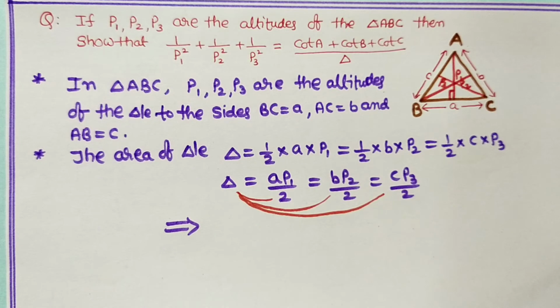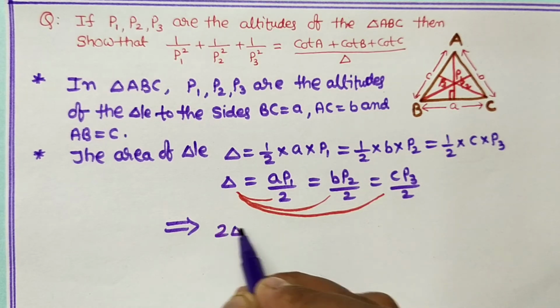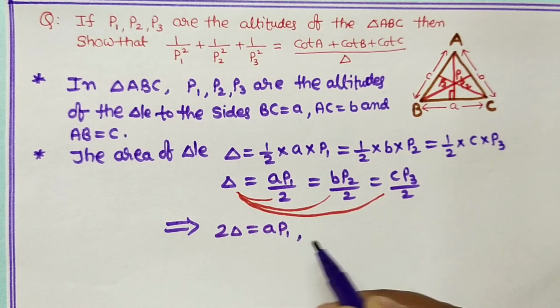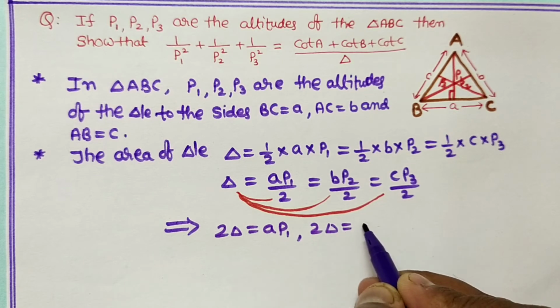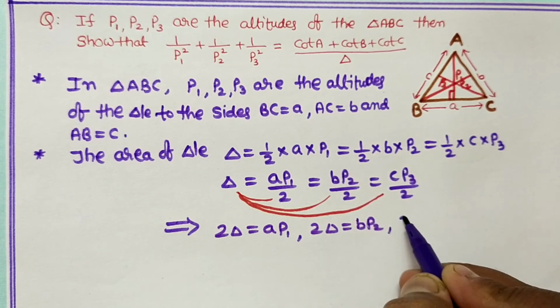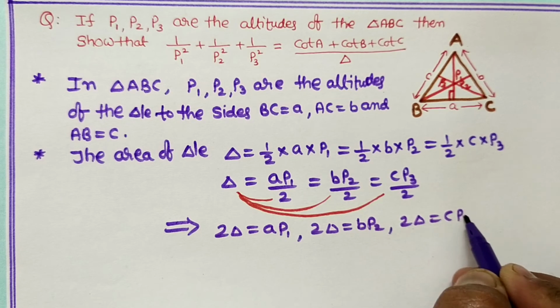So by equating, you will get the values of delta: 2 delta equal to AP1, 2 delta equal to BP2 and 2 delta equal to CP3.